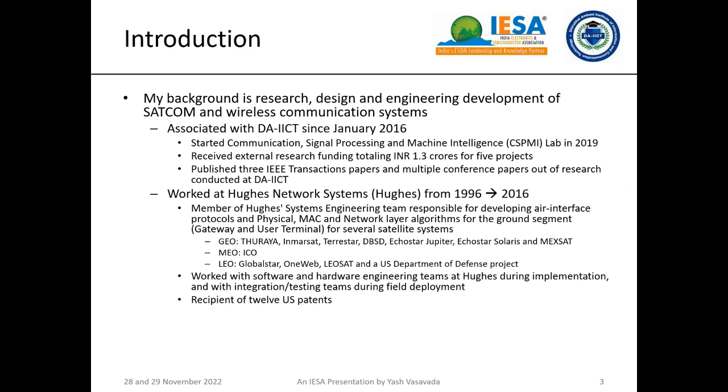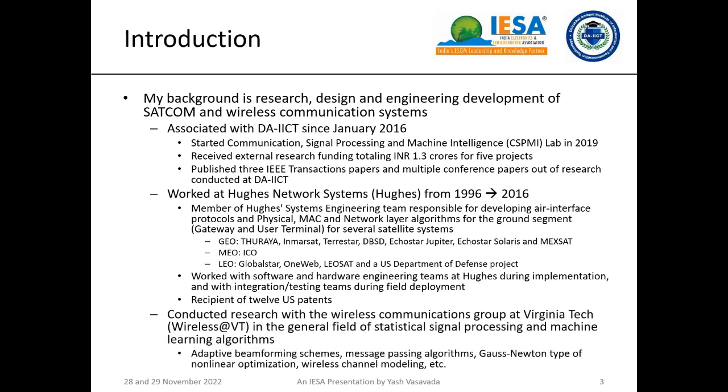And then since 2016, I'm with DAIICT, and I mainly work in the areas of communication, signal processing, and machine learning. I am also affiliated with Virginia Tech, which is the university from where I pursued my master's and PhD degrees. My research area is generally in the domains of statistical signal processing, adaptive beamforming algorithms, message passing algorithms, and so on and so forth.